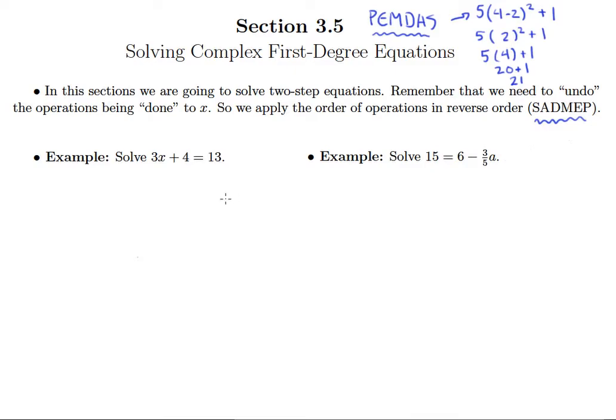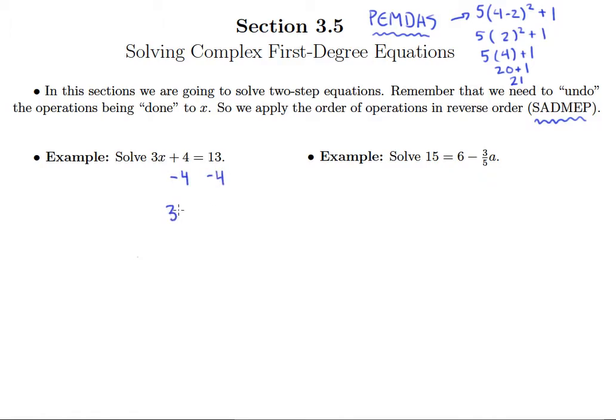So when I look at 3x plus 4 equals 13, I can see x is being multiplied by 3 and then 4 is being added. And so since I'm going the reverse order of operations, I'm going to take care of the addition of 4 first. And so to get rid of that 4, I know I'm going to subtract 4 from both sides.